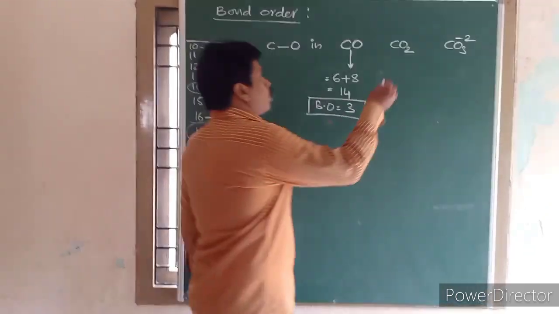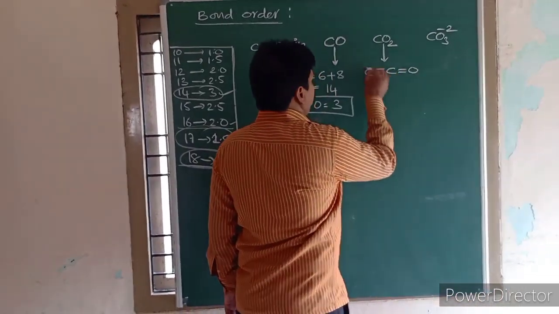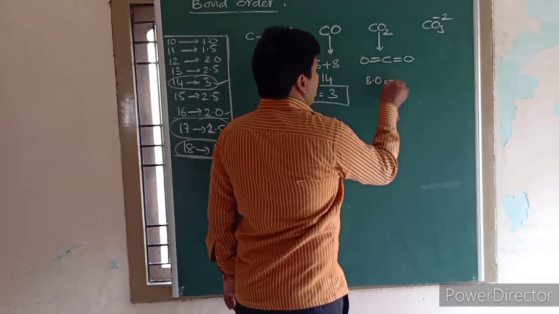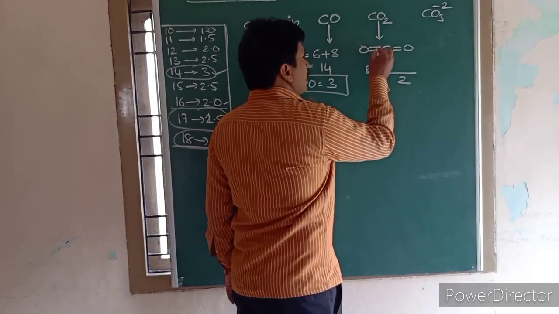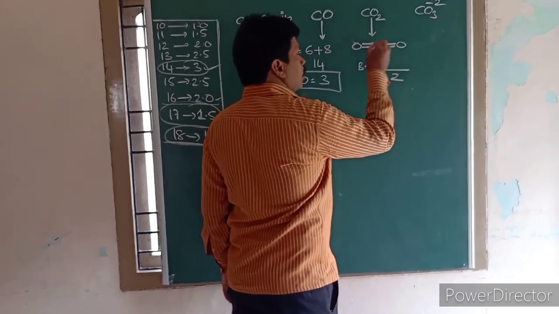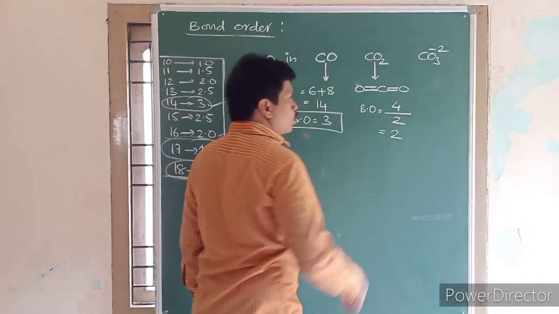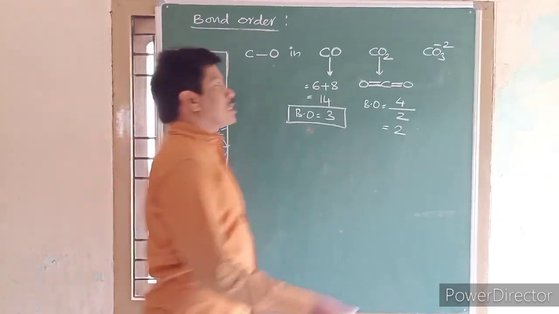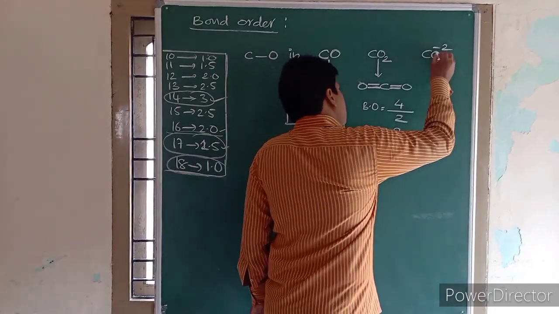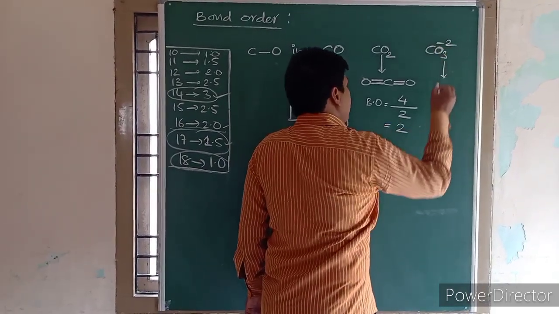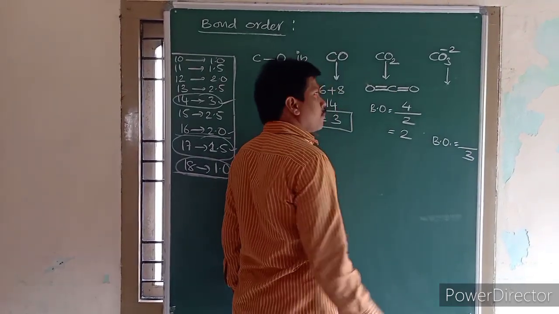And in this CO2 molecule, the number of resonance structures is 2, and the bonds are here a double bond and here another double bond. The total number of bonds is 4, and 4 by 2 gives a bond order of 2. And in the CO3 2- ion, the carbonate ion, there are 3 oxygen atoms. That's why its resonance structures number 3.